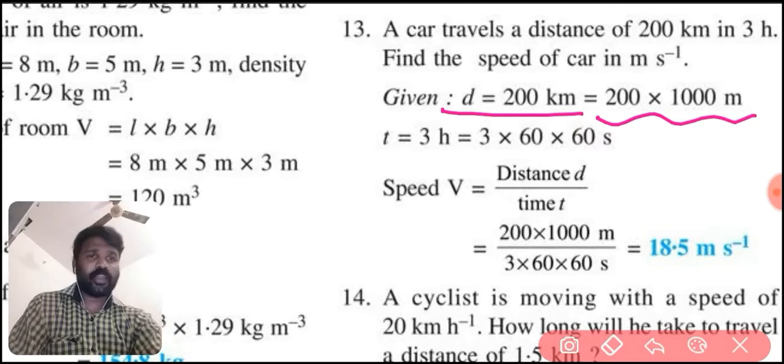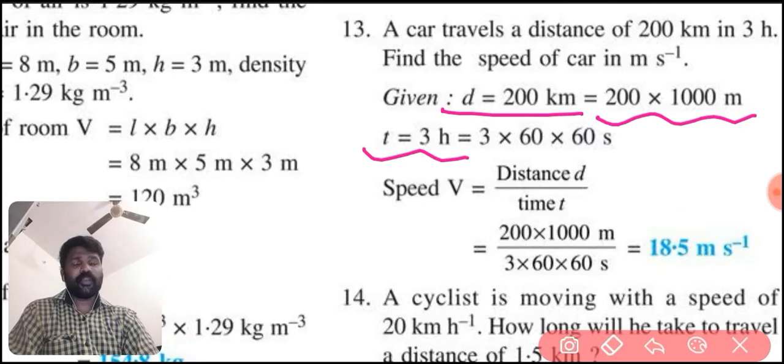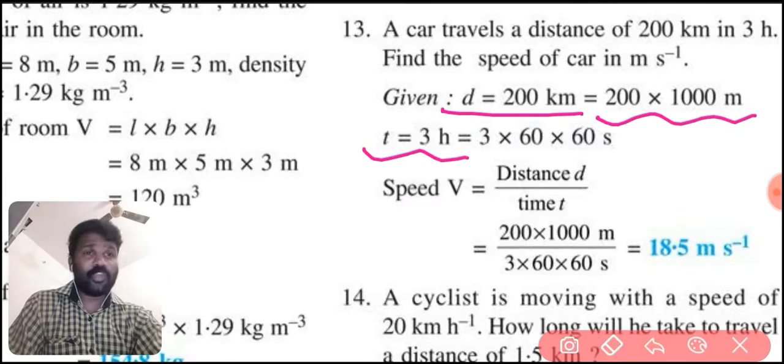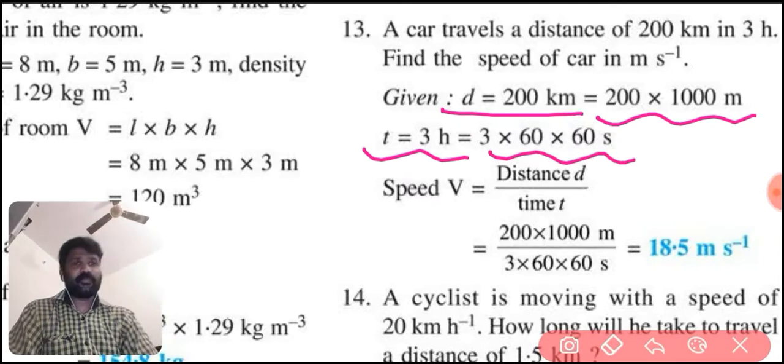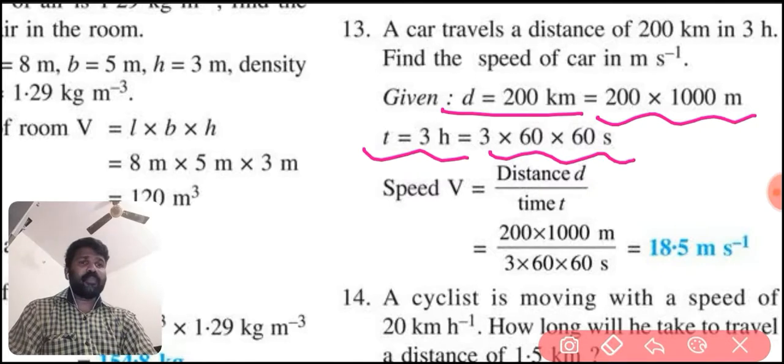Time is given, 3 hours. In seconds, how will we convert it? 3 into 60 into 60 seconds. Now we have the time in seconds and the distance in meter. Clear, students?